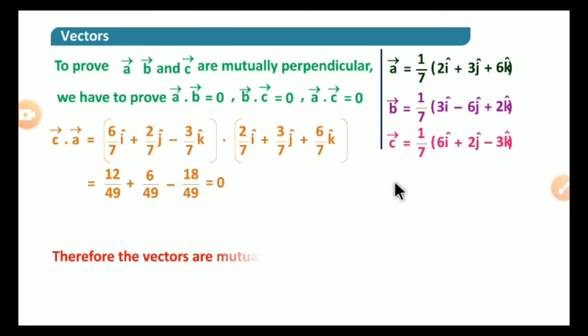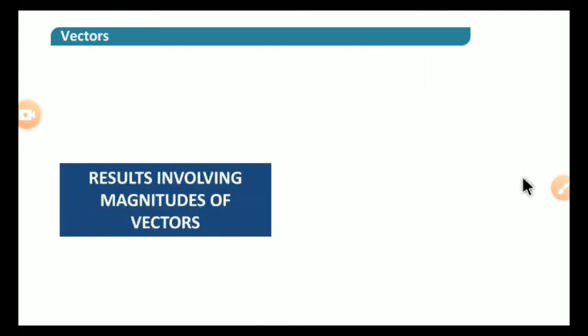Therefore the vectors are mutually perpendicular, because already we have proved that A dot B equal to 0, B dot C equal to 0, and similarly A dot C equal to 0. Therefore we can say that the vectors are mutually perpendicular, because A dot B equal to 0, B dot C equal to 0 and A dot C equal to 0.